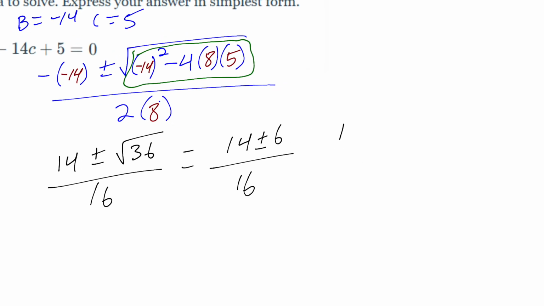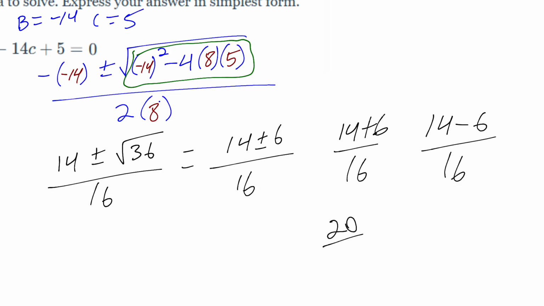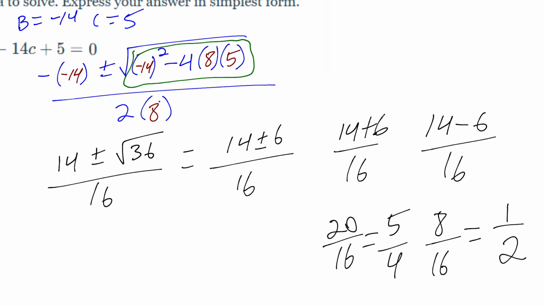So 14 plus 6 over 16, 14 minus 6 over 16, that's 20 over 16, or 8 over 16. This one's going to be 1/2, and if I press the math enter key, I will turn this one into 5/4. There are 2 solutions that make this equation true. If you plug in 5/4 for c or 1/2 for c, it comes out as 0.